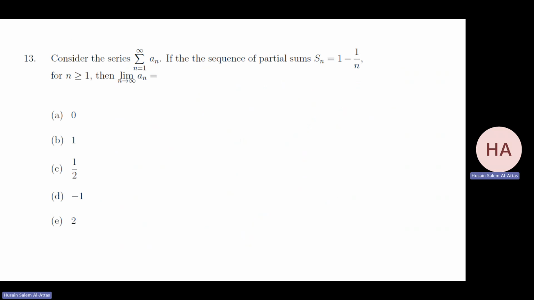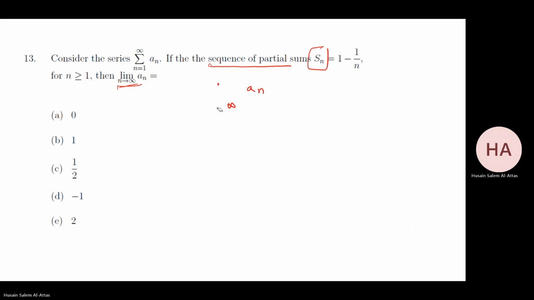Okay. Consider the series. This is the sequence of partial sums. He gave me S_n. The sequence of partial sums is this. Find the limit of a_n. What will be the limit of a_n as n goes to infinity? I don't know.